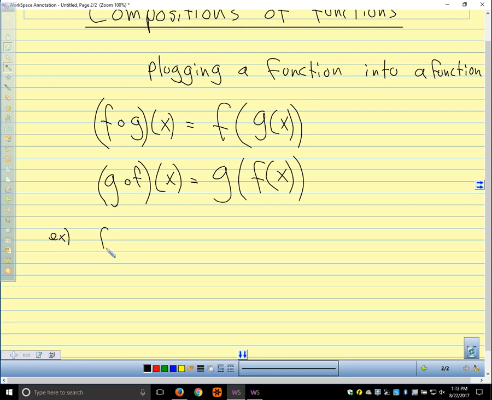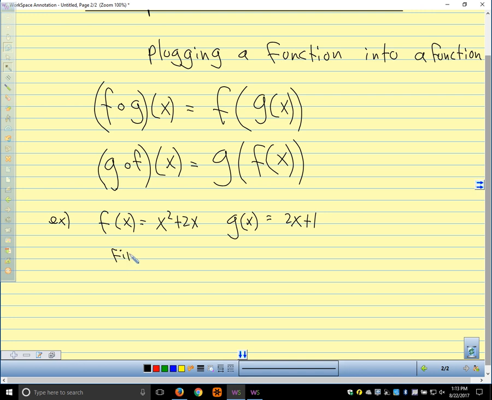All right, so let's look at an example of making a composition. Let's say f is x squared plus 2x, and g is 2x plus 1. We want to find f of g, and I'll use the function notation g of f of x.